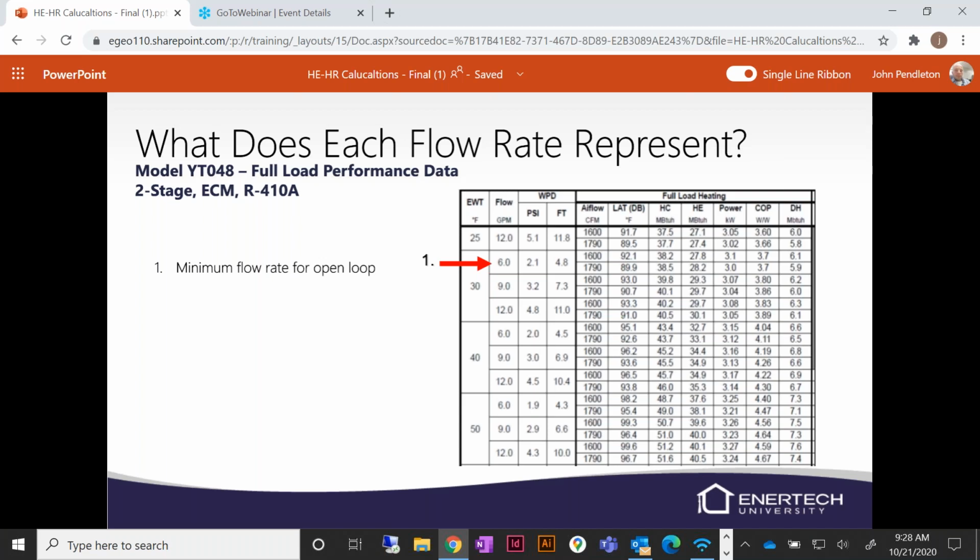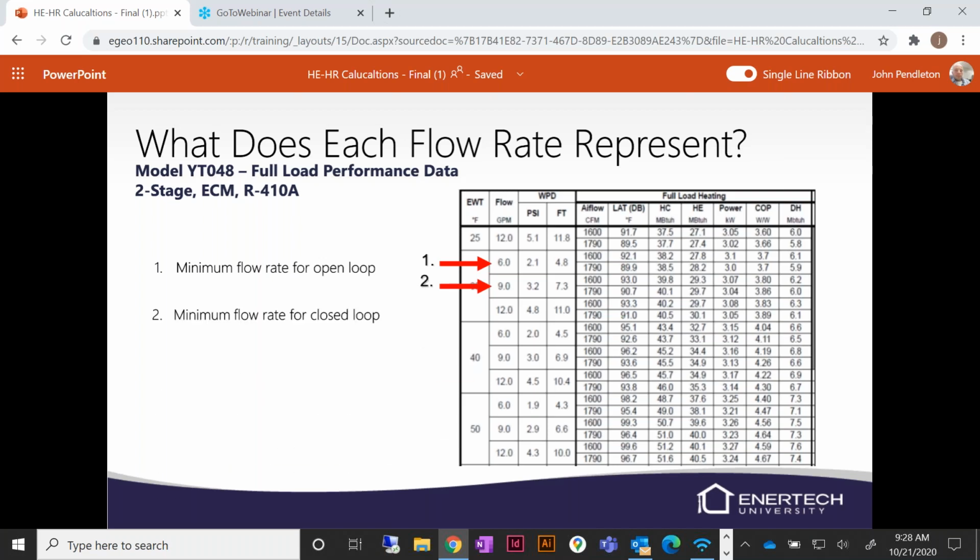So 1.5 times 4 is 6. We do that on an open loop because we're normally pulling from a well and dumping that water, and it's a very consistent 50 degree entering water temperature all the time. So we can use a lower water flow and still keep our performance where we need it without running high pressures, that kind of thing.